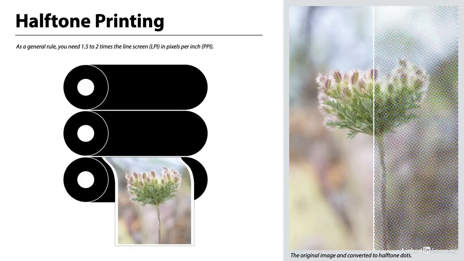For example, if you are printing to a 100 line screen, you're going to need between 150 to 200 pixels per inch. With that in mind, when preparing documents to be printed to the printing press, it's really important that you work with your printer, because together you will decide on a line screen based on the ink and paper, and then from there you can decide if you want 1.5 or 2 times the line screen to achieve the quality that you're looking for.